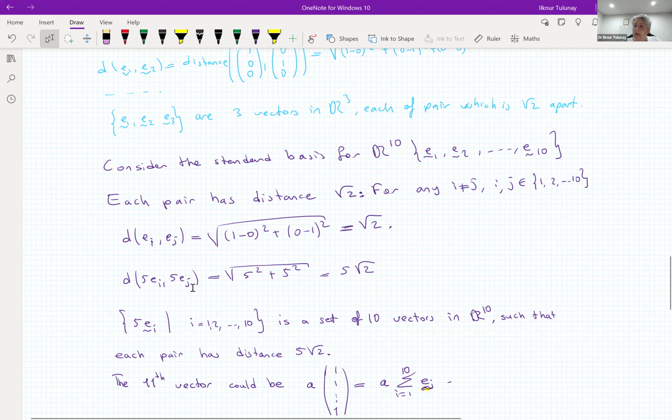As a matter of fact, it works, because in 5ei, in the ith position, I have 5. In 5ej, in the jth position, I have 5. Then this distance will be the square root of 5 squared plus 5 squared, which is 5 root 2.